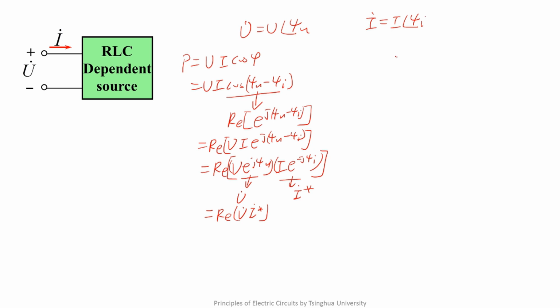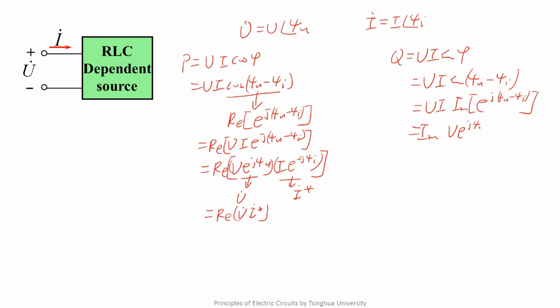Similarly, we know the definition of the reactive power is, through a similar derivation we can get, that is to say, the active power absorbed by the one-port network is a real part of U timing I conjugate, and the reactive power is an imaginary part of U timing I conjugate.